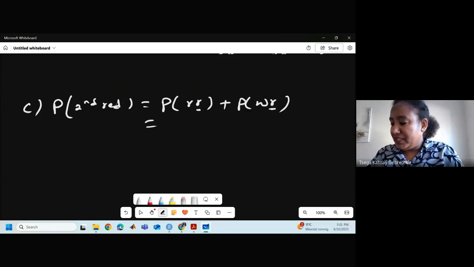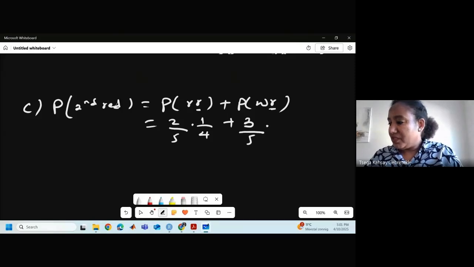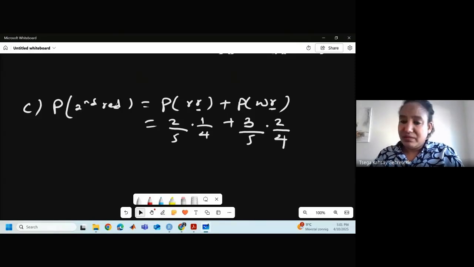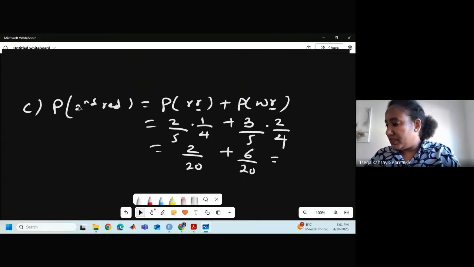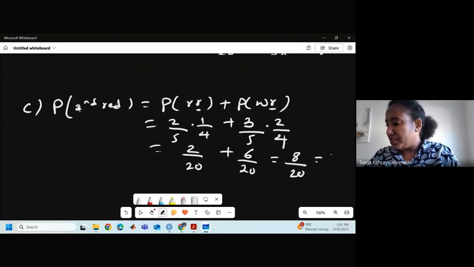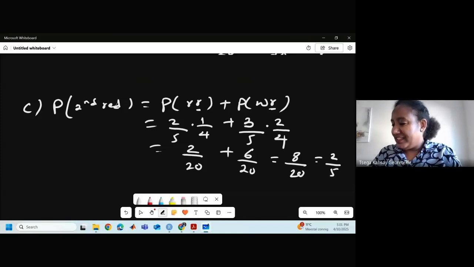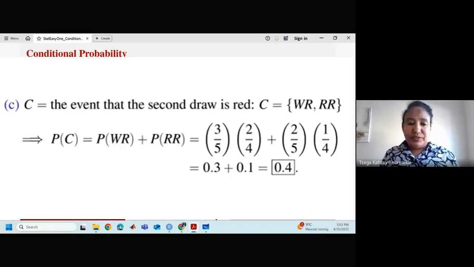And that is probability of red is 2 over 5 times 1 over 4 plus 3 over 5 for W times 2 over 4, because the 2 R's were there already. And this will be 2 over 20 plus 6 over 20, which is the same as the first one, 8 over 20. And then by 4 is 2, by 4 is 5, and this will be 0.4. So for C is 0.4.